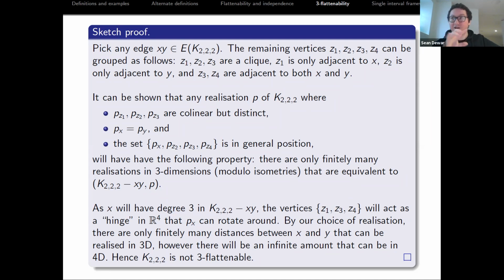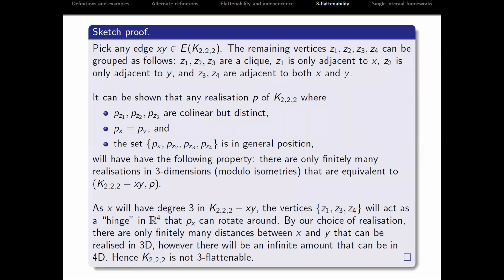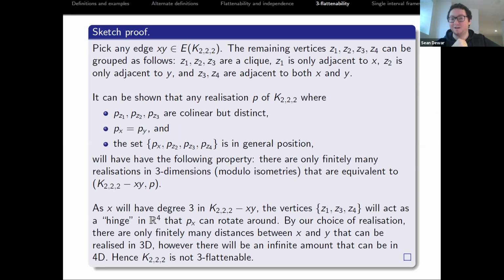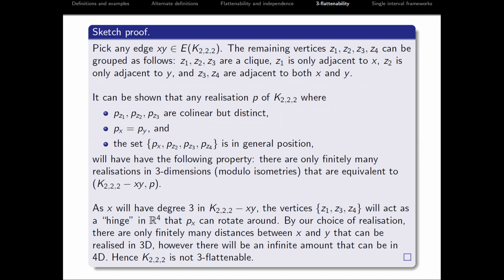So if you remove an edge, any placement has to be infinitesimally flexible. If a graph is infinitesimally flexible at a generic point, then every single placement is infinitesimally flexible. So that's why. Okay, I see. Thank you.